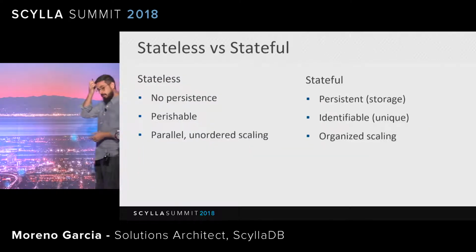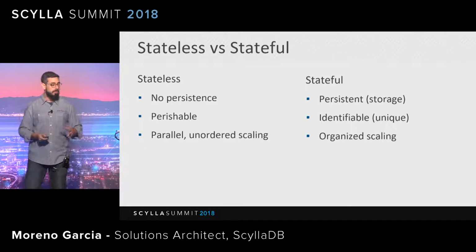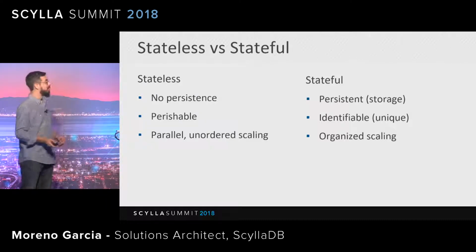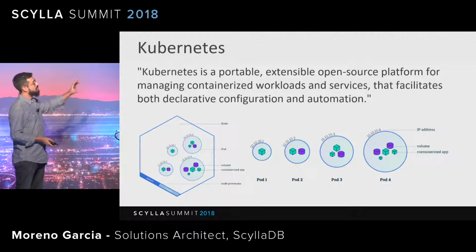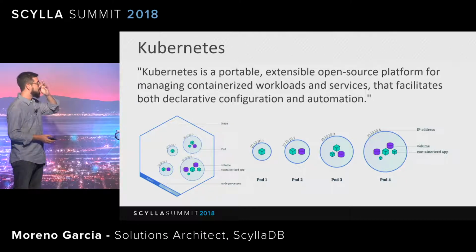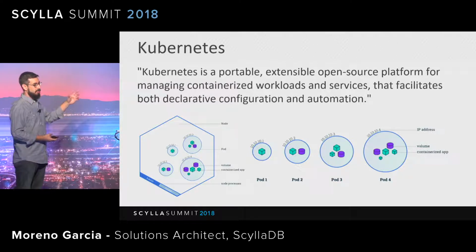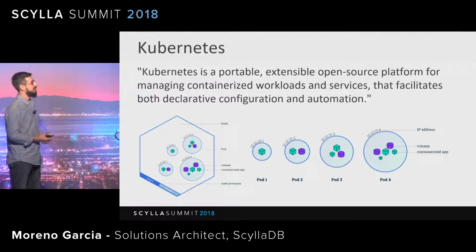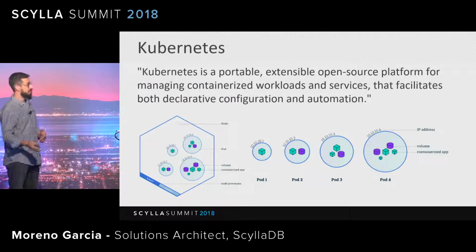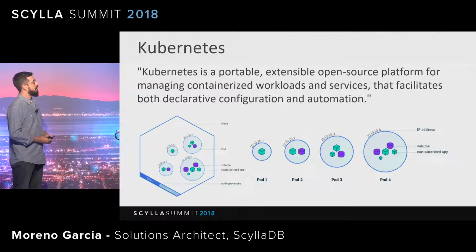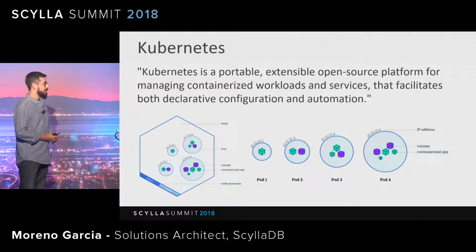So with Kubernetes, let me go back a minute. We have this infrastructure in Kubernetes. You have several bare metal machines. You create a Kubernetes cluster. You have one or two masters, and the others are workers or nodes. And inside those nodes, Kubernetes is declarative.